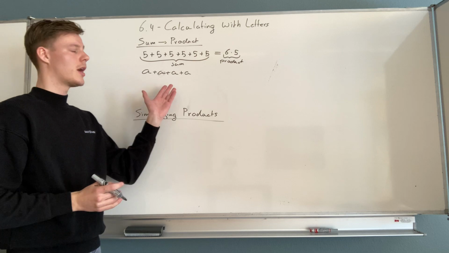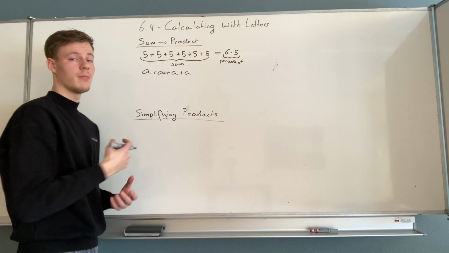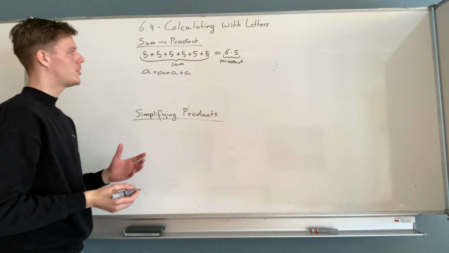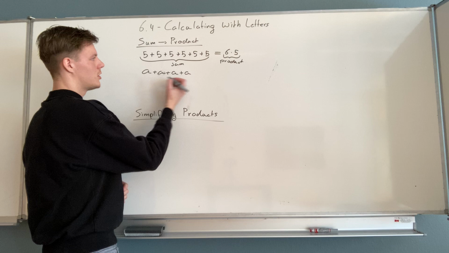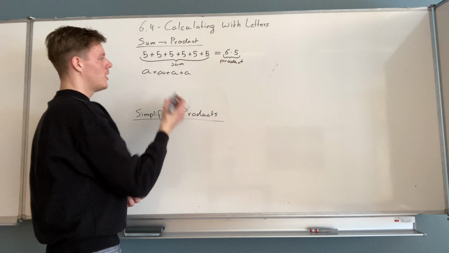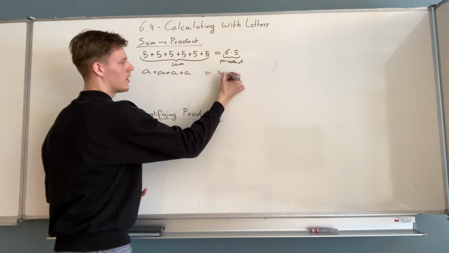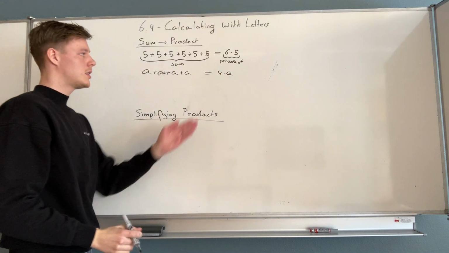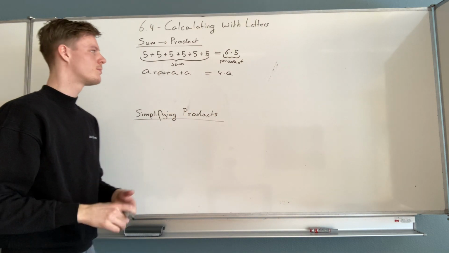If we have multiple A's in the same question, these are all the same number. So we can just do the same thing with this. The only thing is that we just don't know. Like this we can calculate, 6 times 5 is 30, but this gives 4 times A, and this is how far we can get. We can't calculate this further because we don't know what A is.